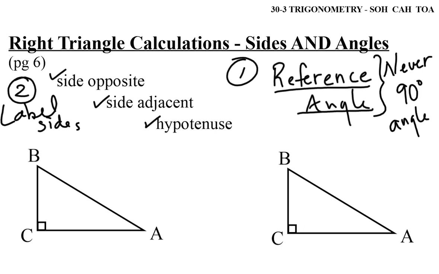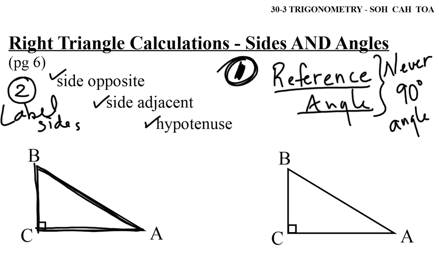Every triangle needs to have those sides labeled to start the question. But if I look at this first triangle, I can't identify the opposite or adjacent until I know which angle we're using. So step one, we need to decide which angle we're using.